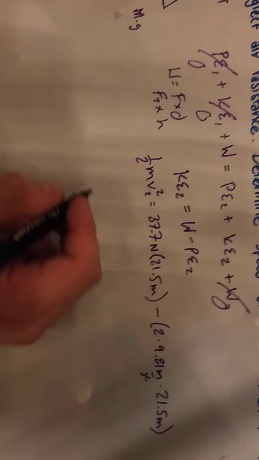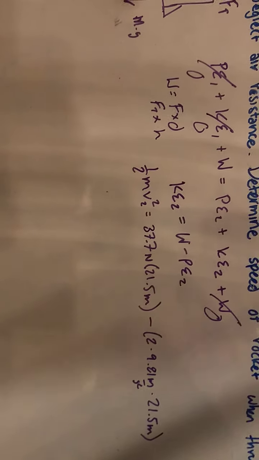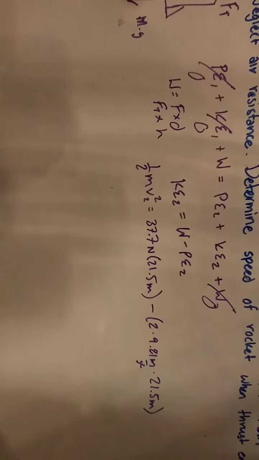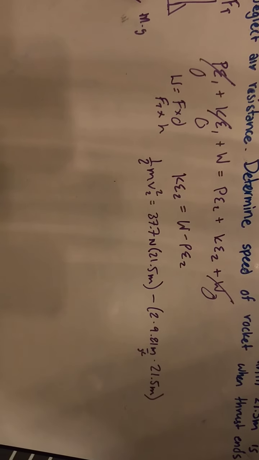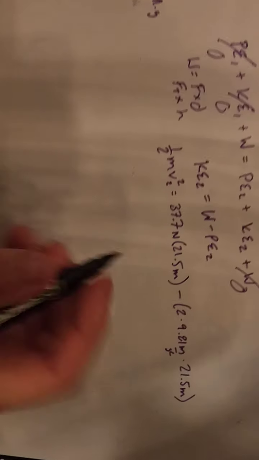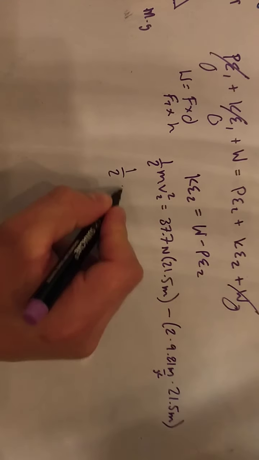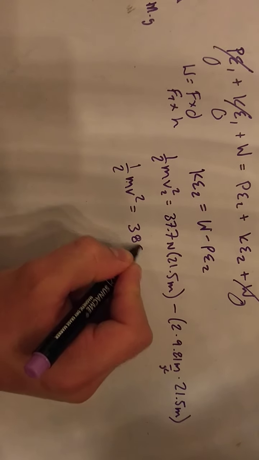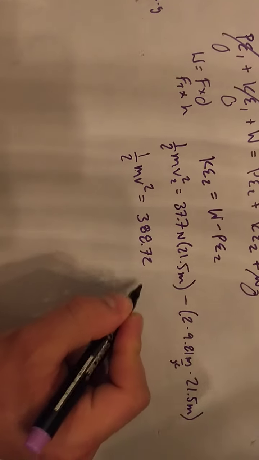Yeah, so that will give us, looks like, 1/2 mv squared is equal to 388.72 newton meters.